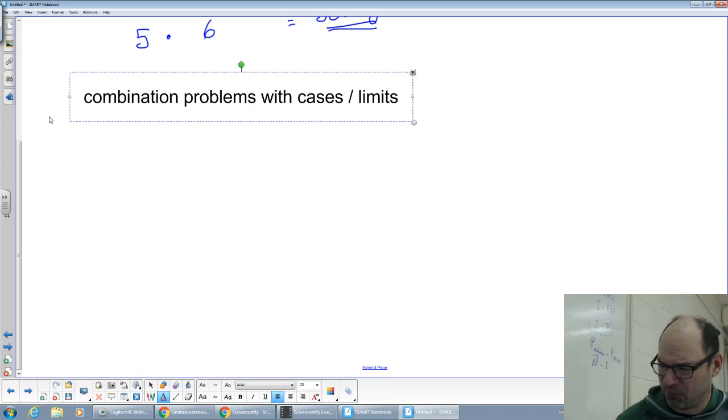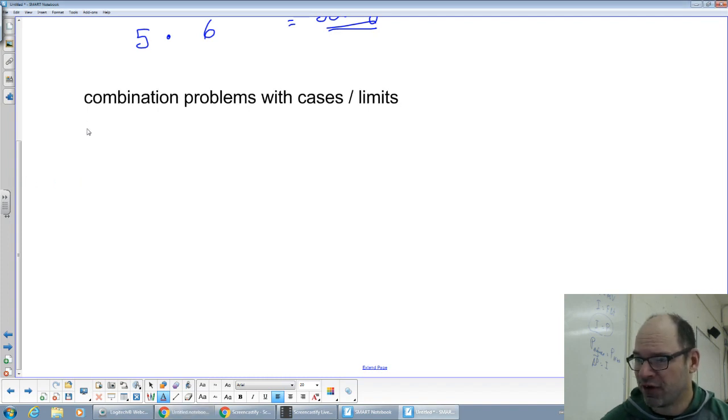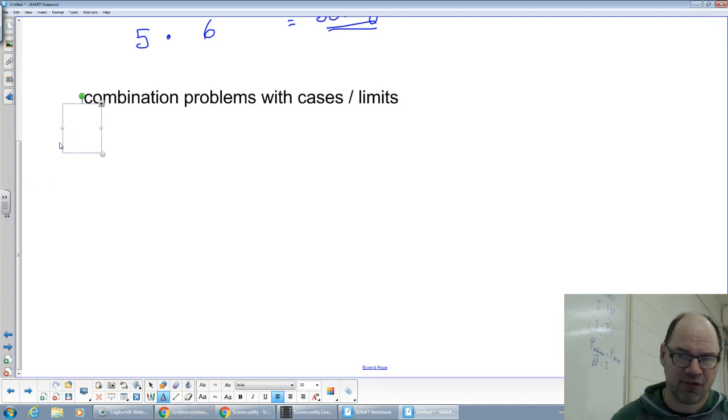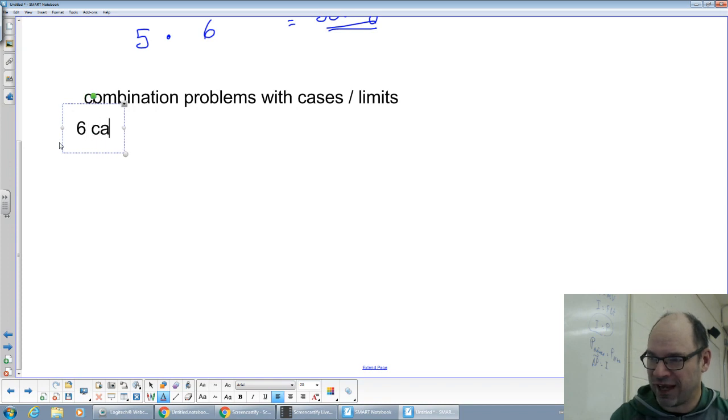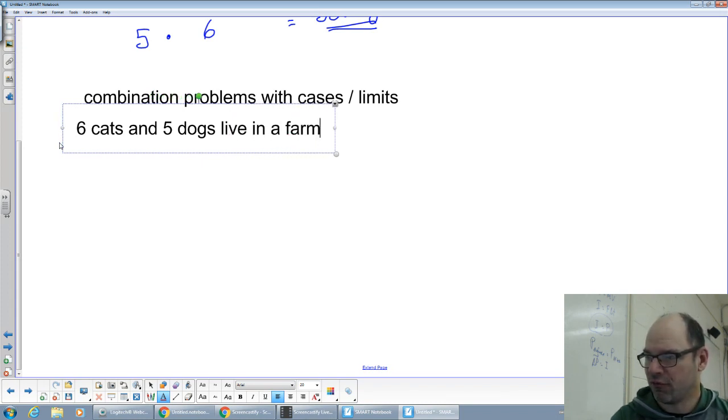Okay, so let's set up a similar problem. Let's set up two sets of objects again. So let's go with, let's say, 6 cats. We'll go cats and dogs. 6 cats and 5 dogs live in a farmyard, let's say.